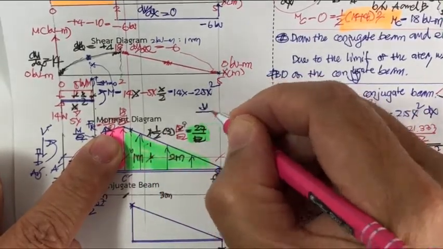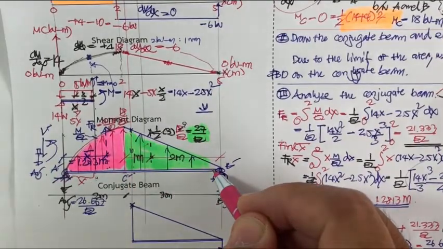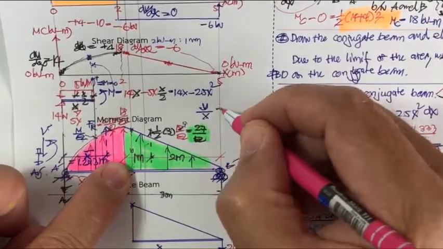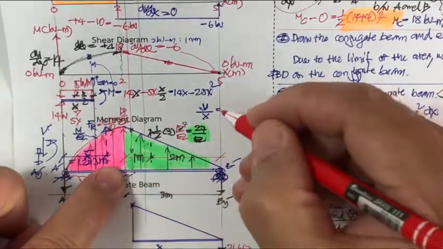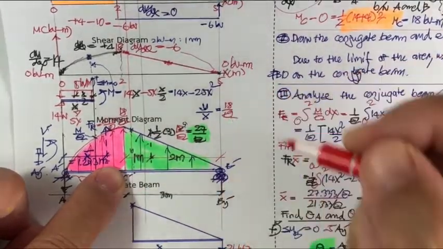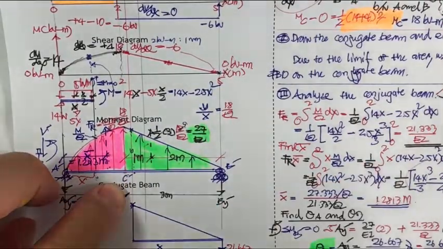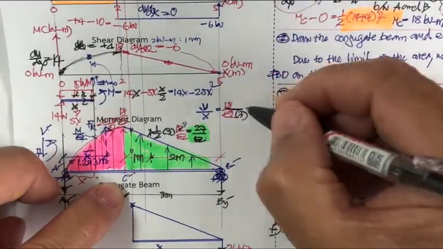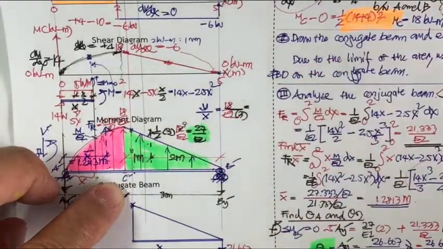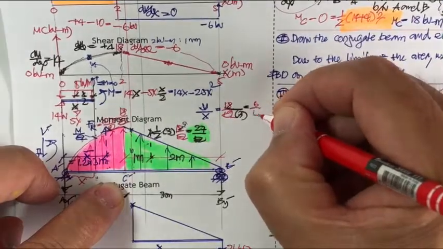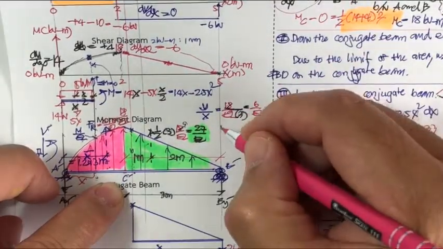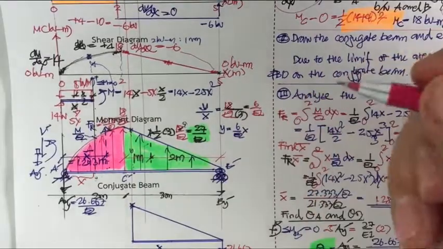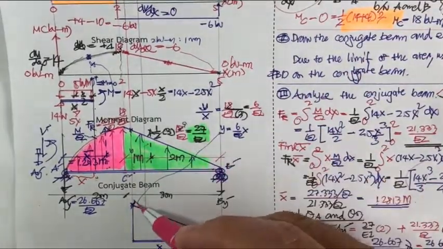We have y over x, which is 18 divided by EI over the distance here, 3, so this is 6 over EI, and then we will have y equal to 6 over EI times x. So this is the y here.